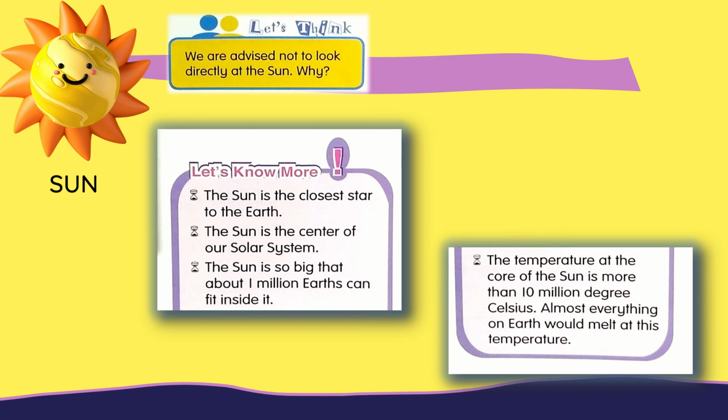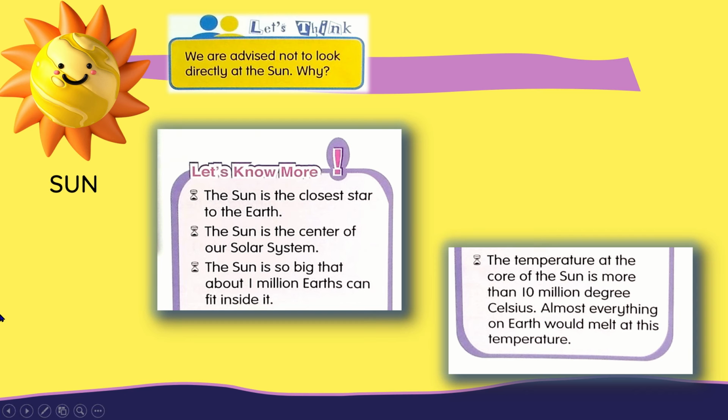Okay? So let's think. We are advised not to look directly at the sun. Why is it so? Because the sun is very high in temperature and it will damage the eyes of a human being if directly looking at the sun without a gadget.